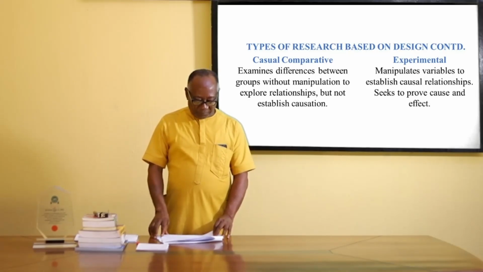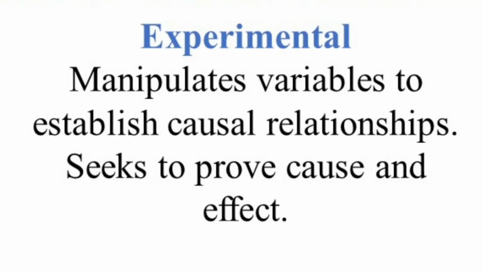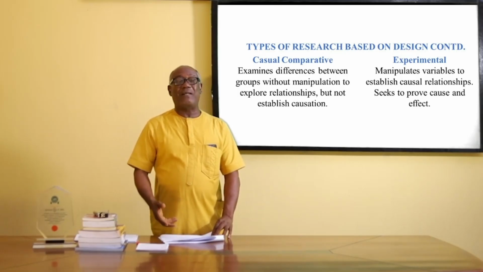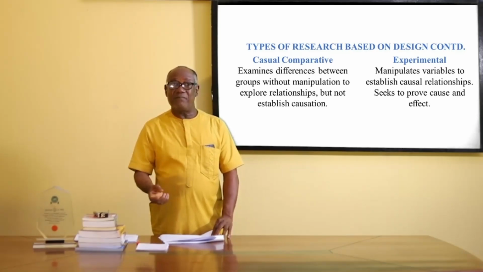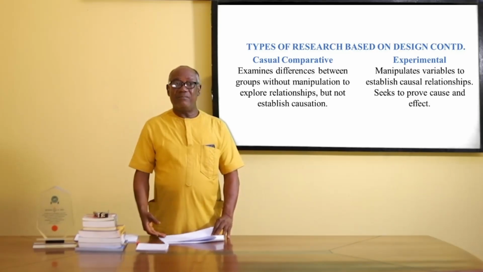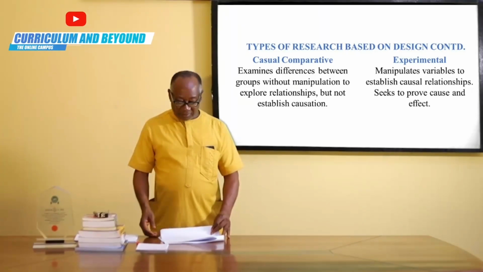Now, there is manipulation of variables. Experimental research is the only type of research in which variables are manipulated. Generalization, you can generalize your findings from the research subject to similar condition or the population from where such samples are drawn.